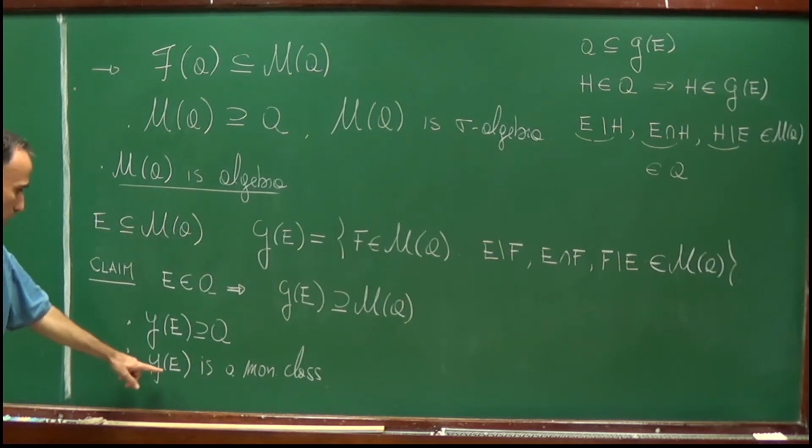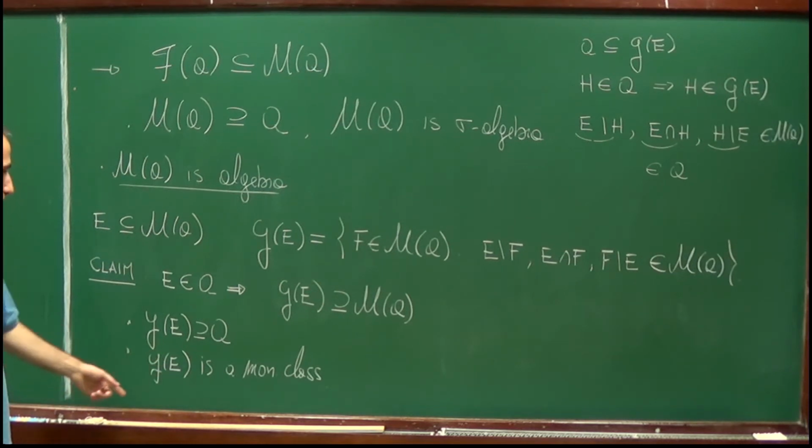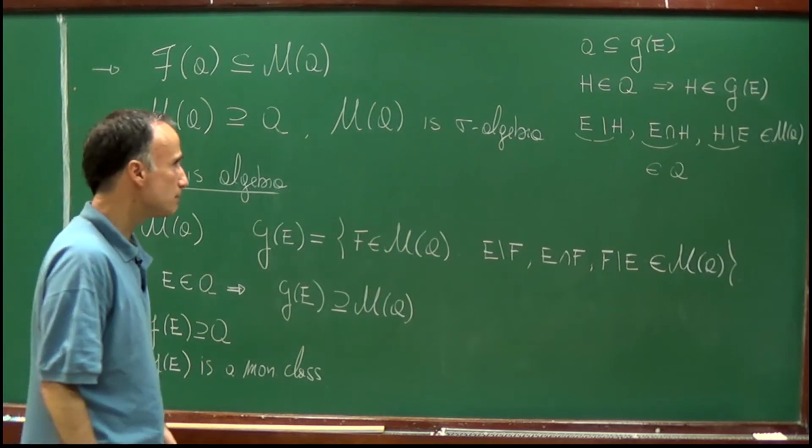And this proves that the algebra is indeed contained in the set G of E, which I defined. Now we have to prove that G is a monotone class, and that's also very easy.